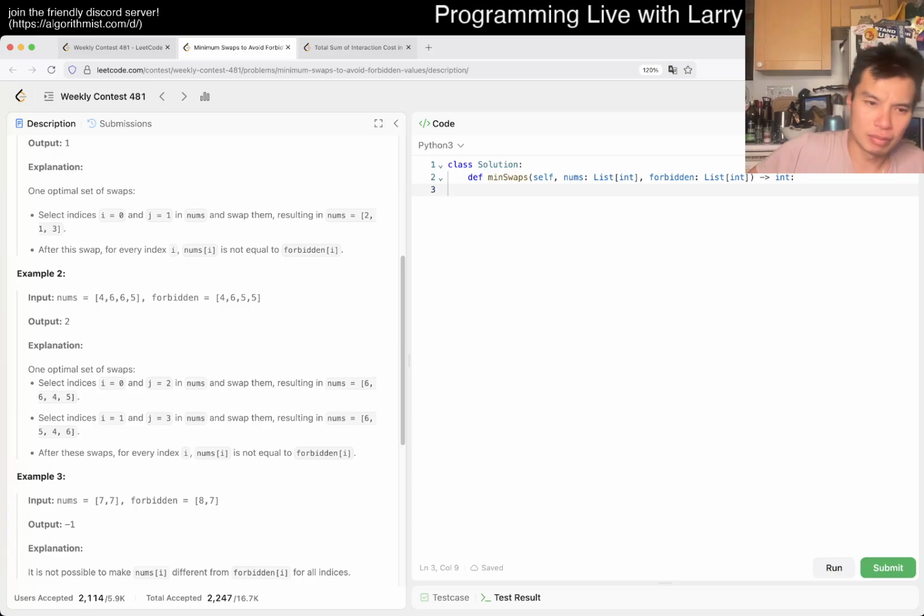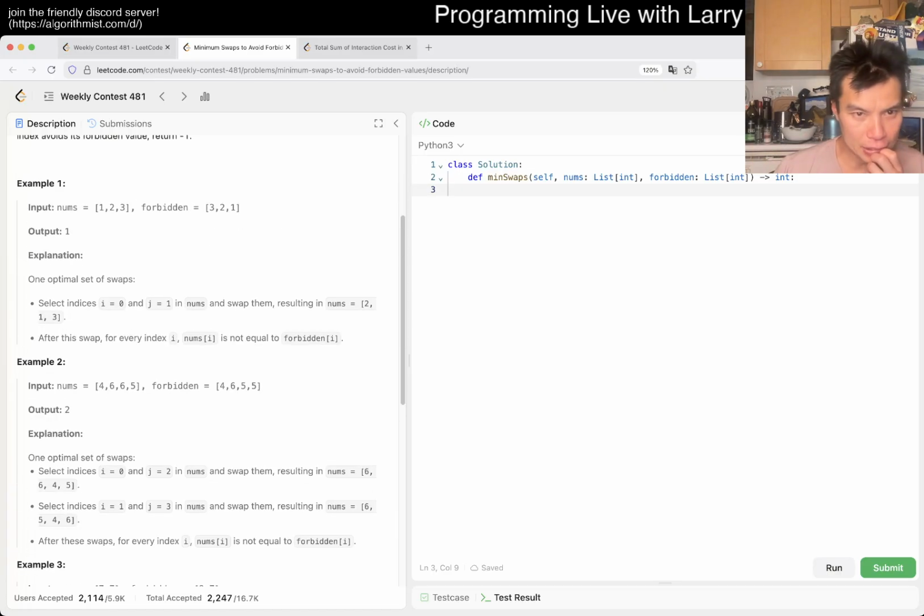But I mean, I think my ideas are right, but it's just trying to think of the best way to implement it. Isn't this just one swap? Oh, it is. Okay.